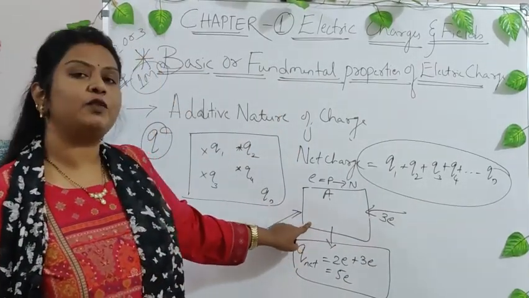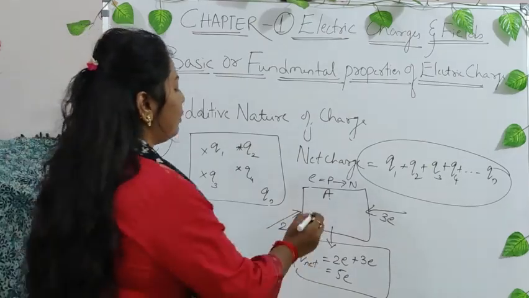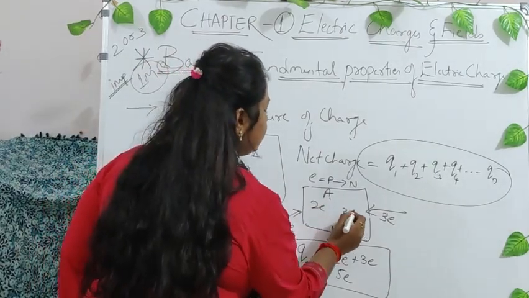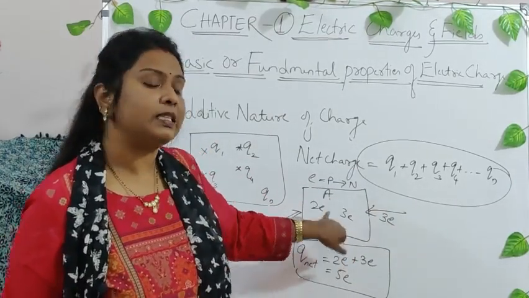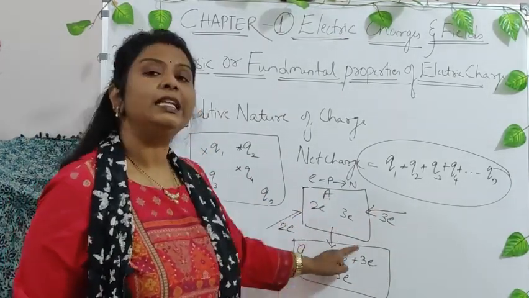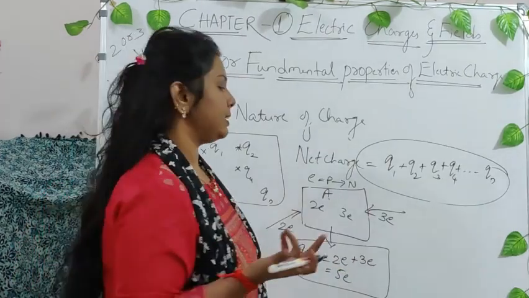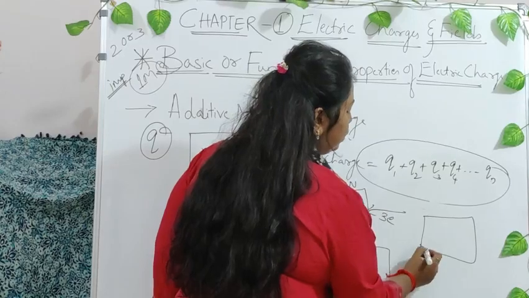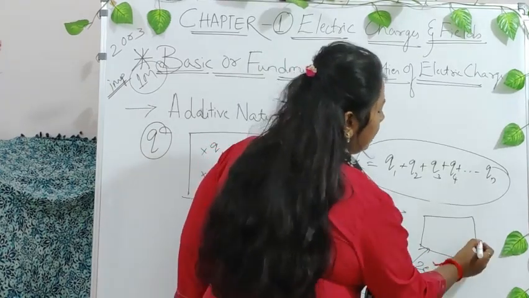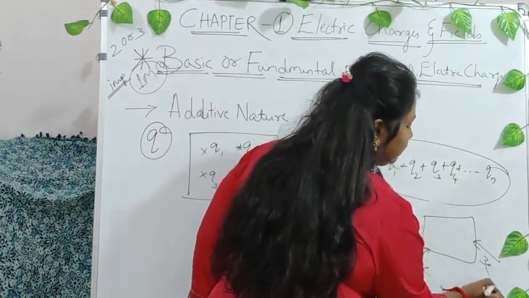The additive nature of the charge says that the individual addition of all the charges present here represents the net charge of that particular system. Now let us consider again a system where you add 2 electrons initially. Again you add 3 electrons.